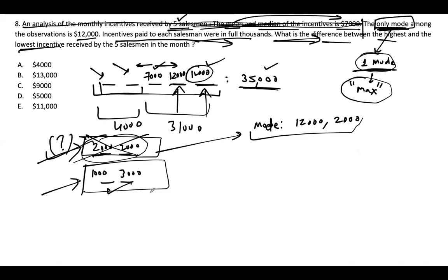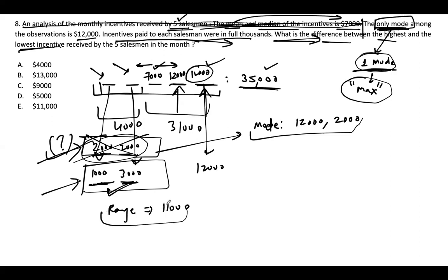So 1,000 is the minimum value, 3,000 is this value, 12,000 is your highest value. So range comes out to be 12,000 minus 1,000, which is 11,000. Option E.